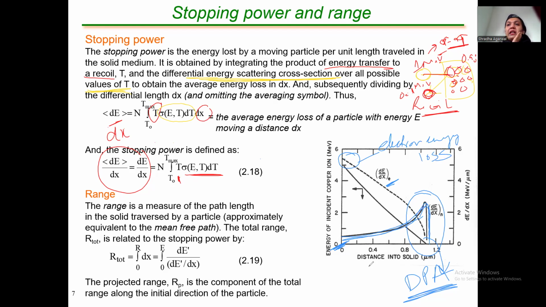To have this nuclear interaction, energy should be slow. Who slows it? Electronic energy loss slows it. How do you write electronic energy loss? dE/dx. On which things does it depend? It depends on the energy of the recoil that is happening and the scattering cross section. Make sense? This should be clear by heart.